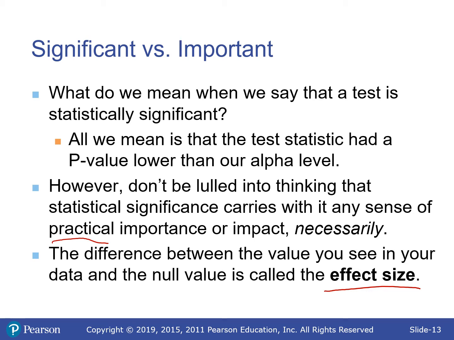Well, yeah, we had a big sample and it came back that way and it gave us significance because our standard error was so low, but 1% doesn't really make much of a difference to anything. So that's a really small effect size, and the practical importance is minimal, even though it could have possibly been statistically significant.